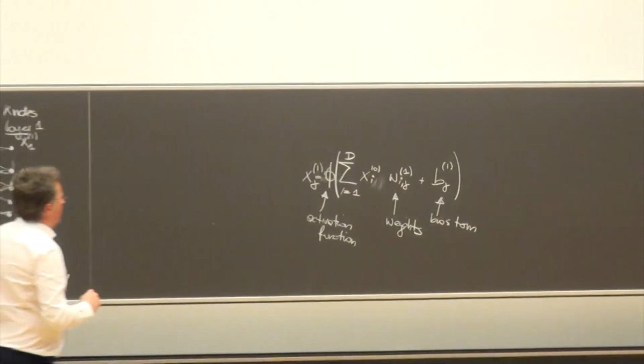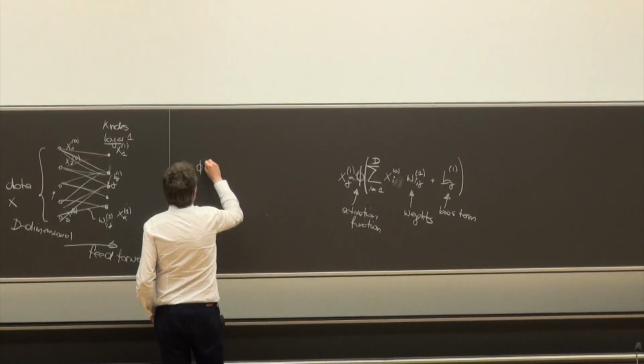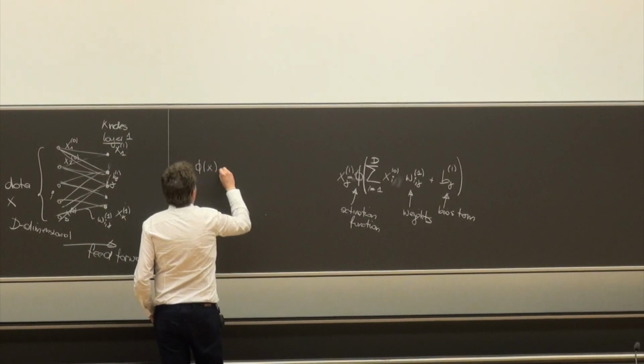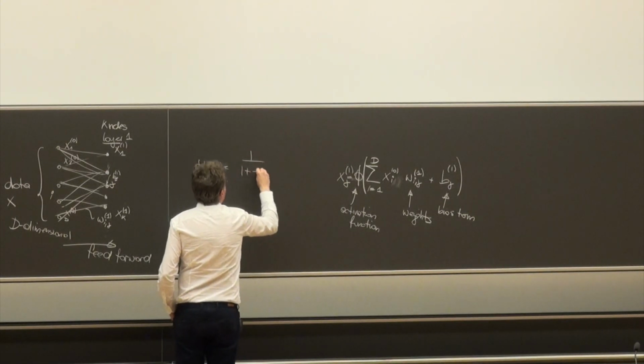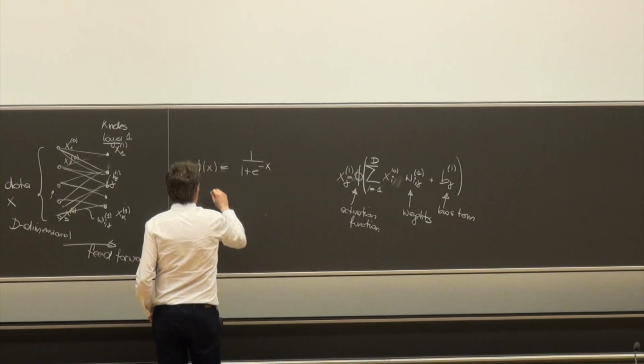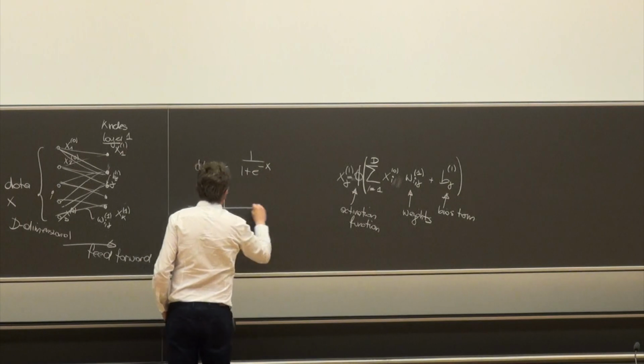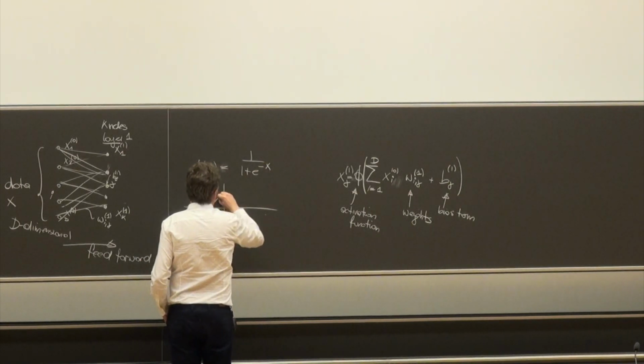There are many functions I could pick. Perhaps it could be something like 1 over 1 plus e to the minus x, and this looks something like this.